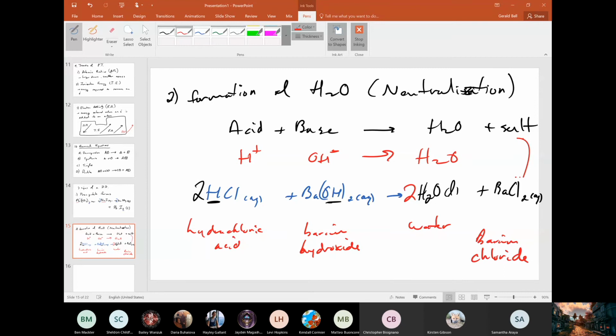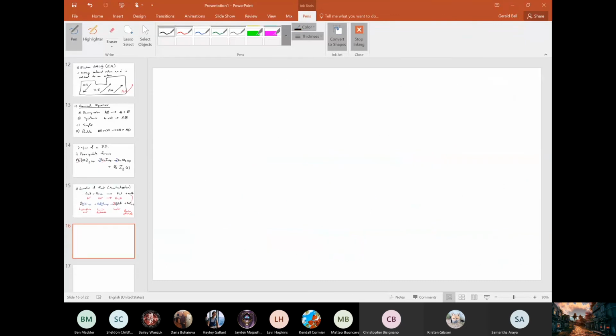So that's the formation of water, neutralization. So that came up again in what was that? Chapter, Unit 3.